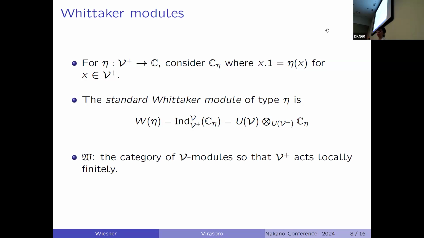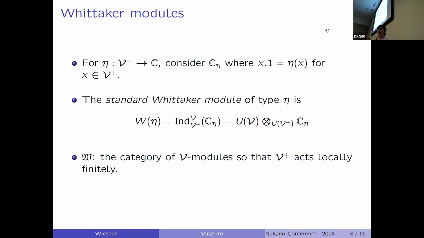Whittaker modules were first studied extensively by Poston, and he described what simple Whittaker modules look like for finite dimensional semi-simple Lie algebras, and then there's a cottage industry of taking that same construction and using it for a variety of other Lie algebras, including the Virasoro algebra.